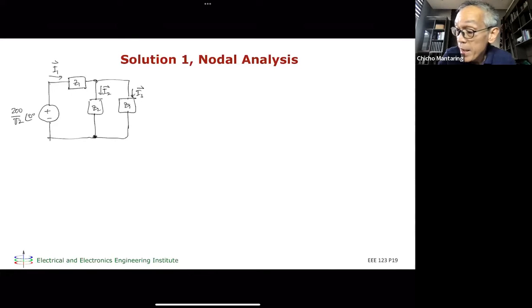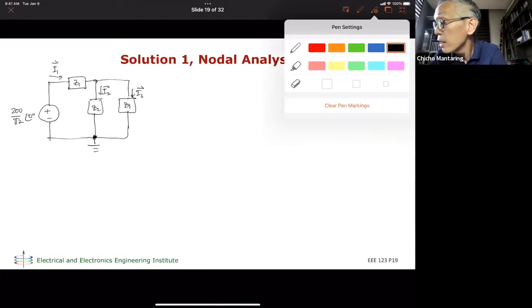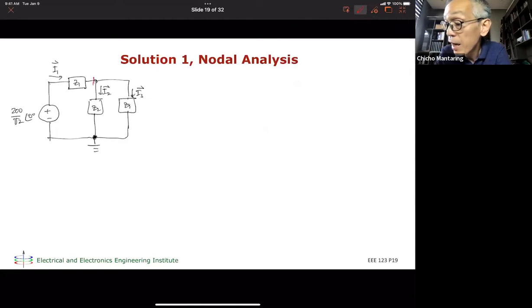Let me make this my reference and let me define this as my node, to which I will apply KCL. So let's say I assign the node voltage V of X to this particular node.